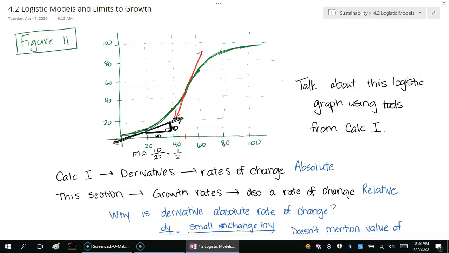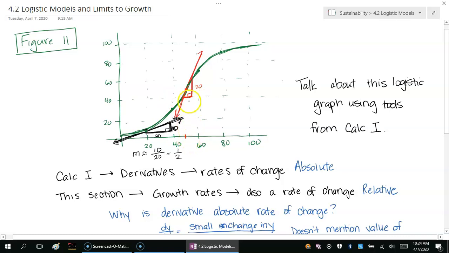So let me start by drawing a right triangle that has that tangent line as its hypotenuse, and I want to estimate the height and the width of this triangle, and I again drew this so that one of them was 20 to try to make my estimation easier. And that means I have to estimate what this side length is. It's not quite 10. It looks like maybe it's about 1/3 of this length, which is 20.